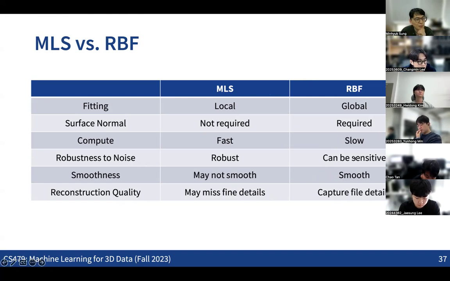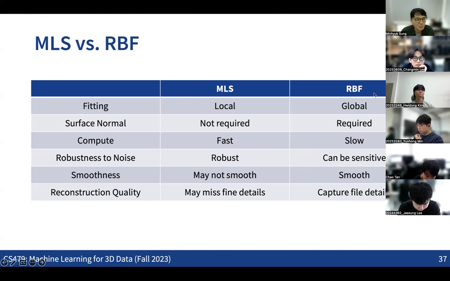So there are pros and cons. If we want to spend more time to get higher quality outputs, especially when you know that the input point cloud does not have any noise, then obviously radial basis function might be the best option.